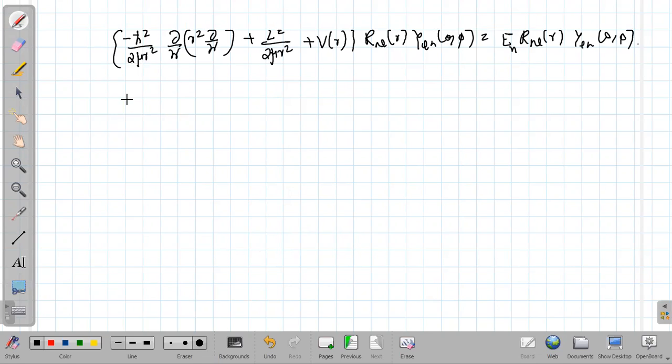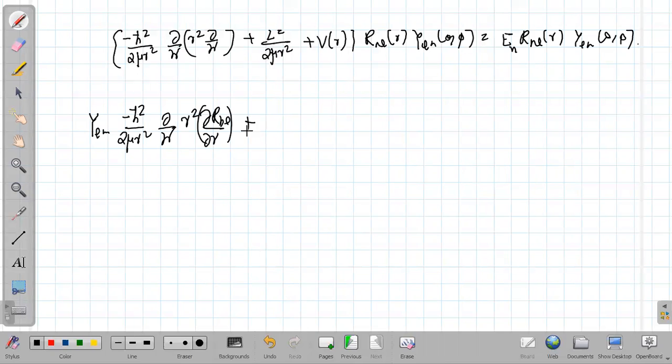Okay, so this can be simplified. For the simplification, this gives the expression. I am leaving that simplification to you. So this becomes minus h bar square by 2 mu r square, dou by dou r of r square dou R_nL by dou r. Then there will be Y_Lm outside.